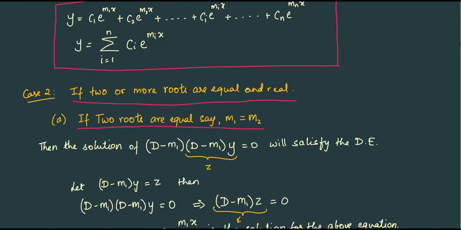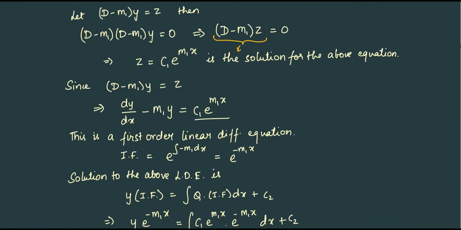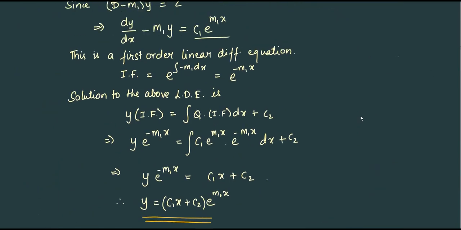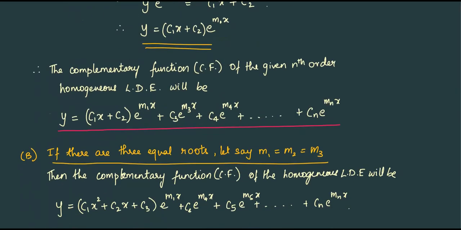When two or more roots are real and equal, suppose two roots are real and equal, so instead of getting c1 e power m1x plus c2 e power m2x, we will get (c1x plus c2) times e power m1x. That means the root is m1 and m1, two repeated roots. We get this.